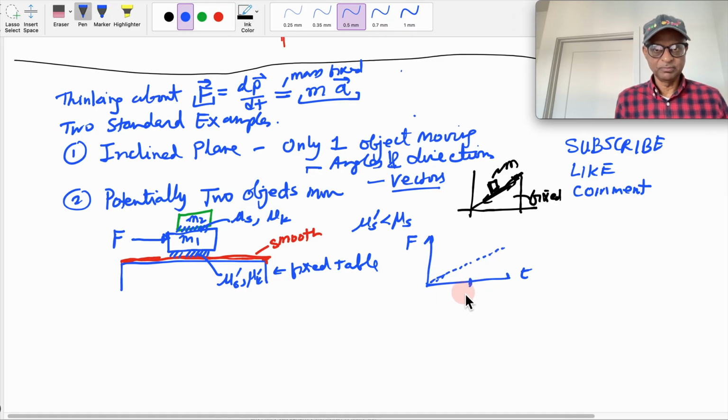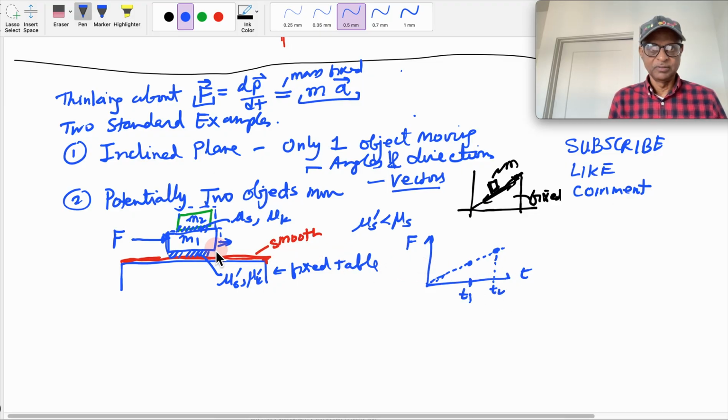There comes a time t1 when it slides, so this whole thing starts to move at t1. But I keep raising the force, and there comes a time t2, while this is sliding, when m2 starts to slide on m1.